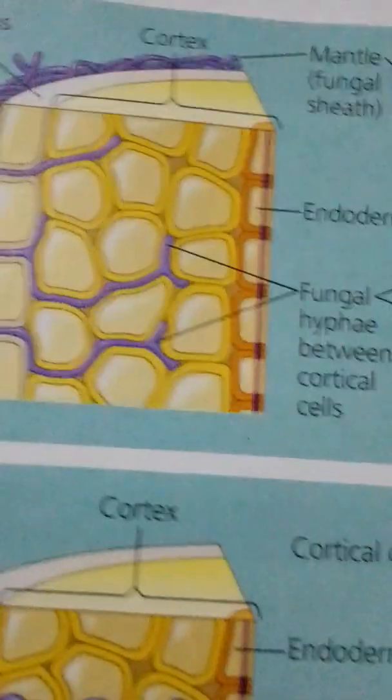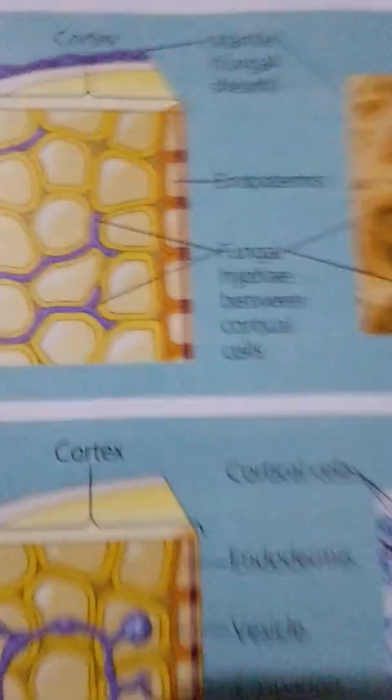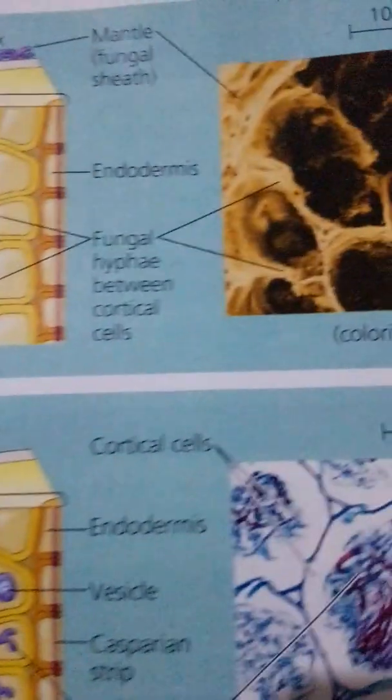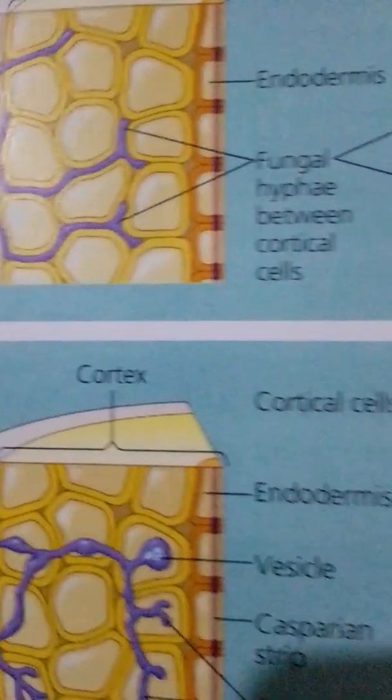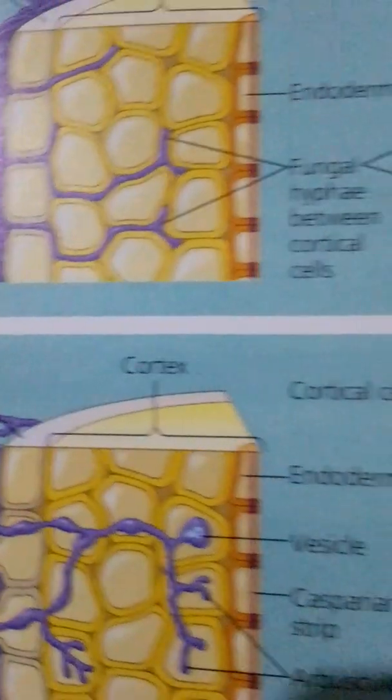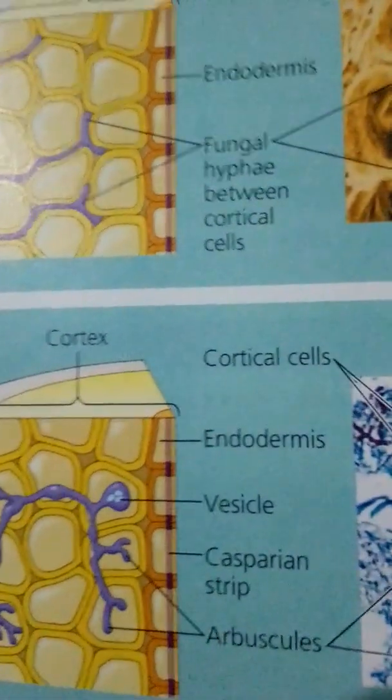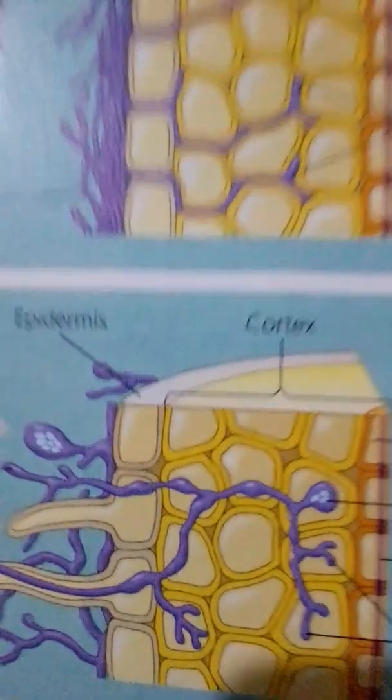The two main types of mycorrhizae, the modified roots formed from the symbiosis of fungi and plants, take two major forms: ectomycorrhizae and endomycorrhizae.